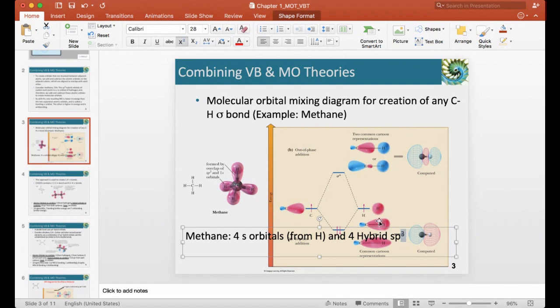That's in the molecule of methane. Okay?